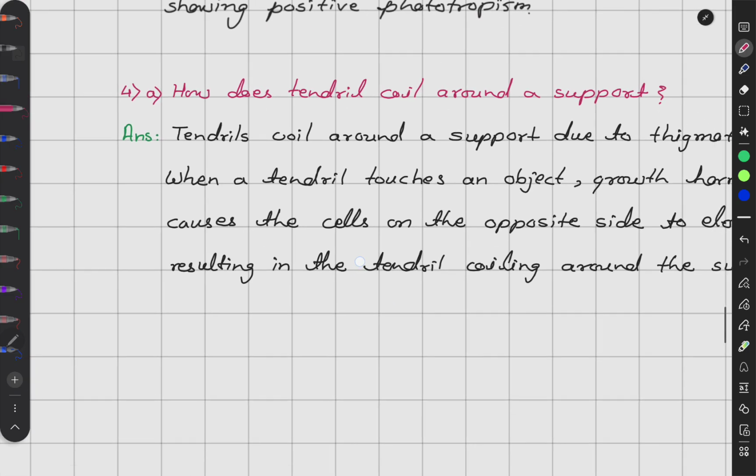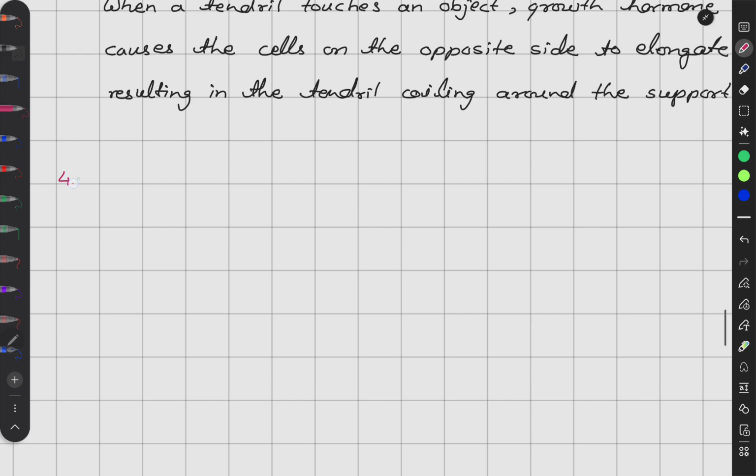Fourth B question is: define geotropism.